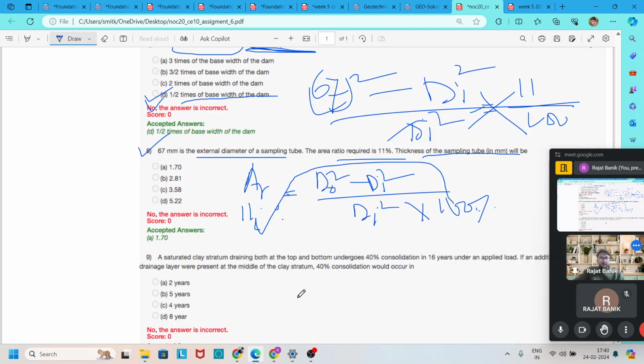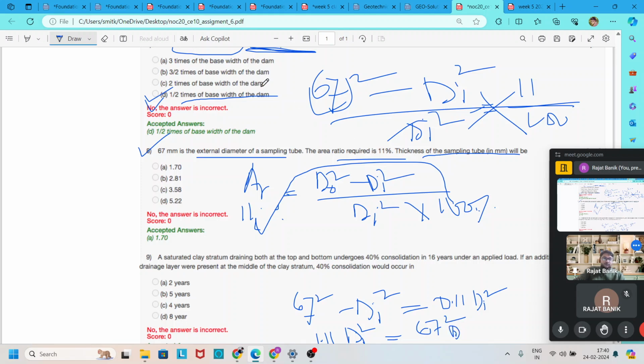So it will be 67 square minus Di square equals 0.11 Di square. After that, 1.11 Di square is equal to 67 square.